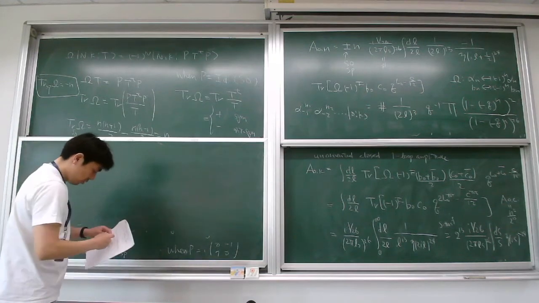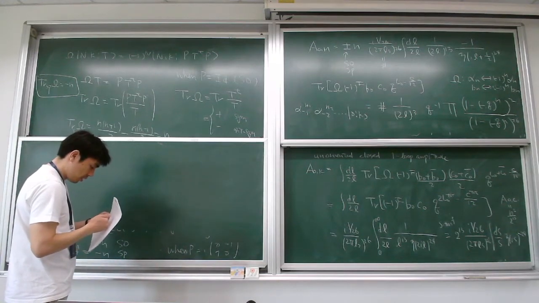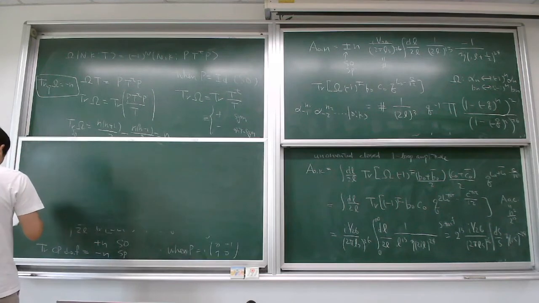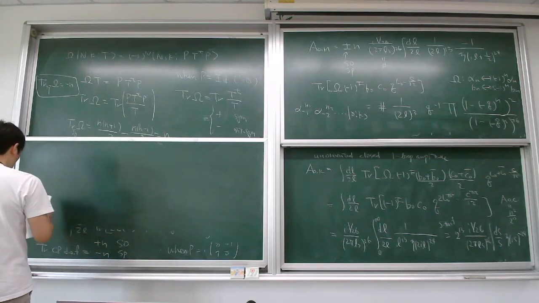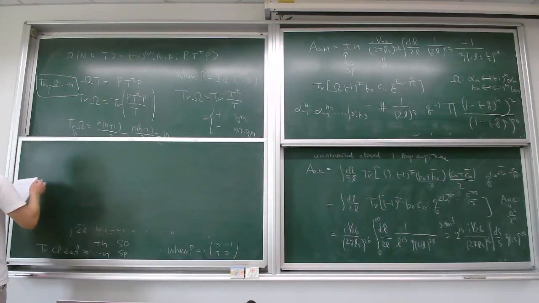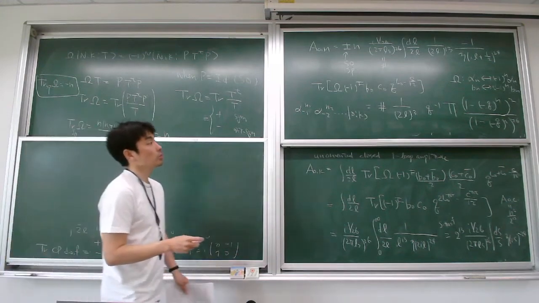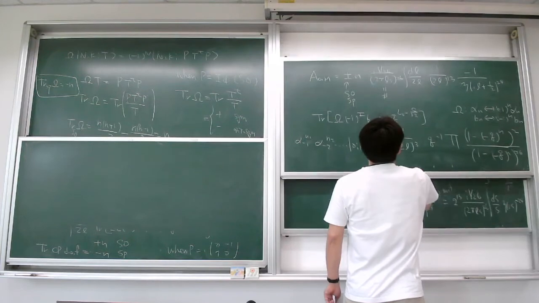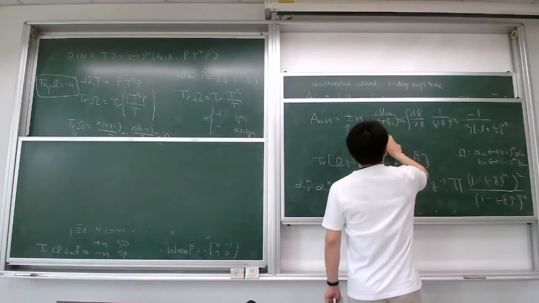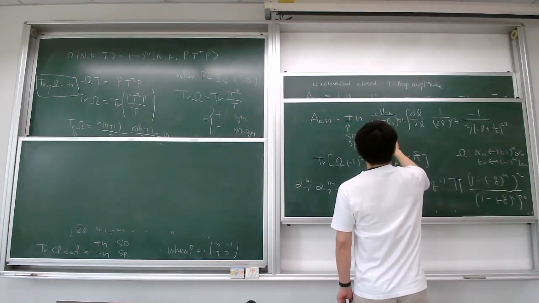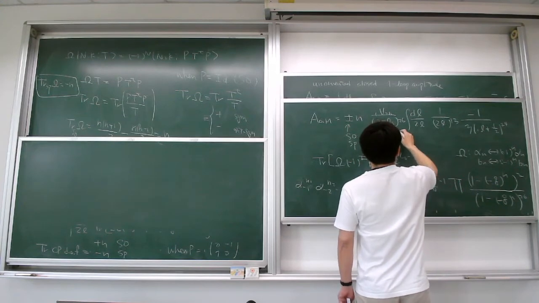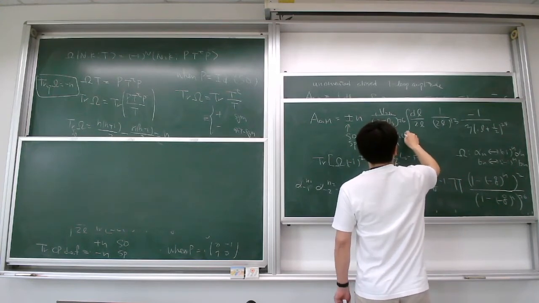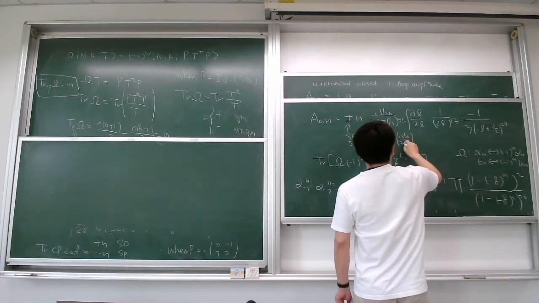Unfortunately, my chalk is running out. So the modular transformation, this guy is indeed equal to minus plus n, and this numerical factor 26, 2 pi ls squared 26.